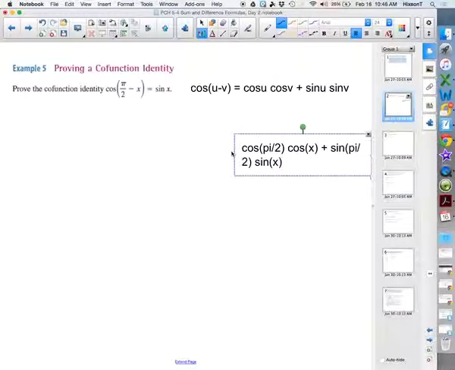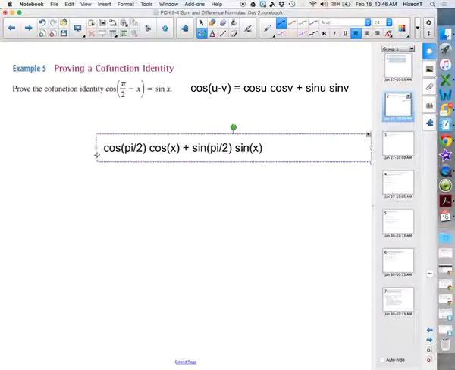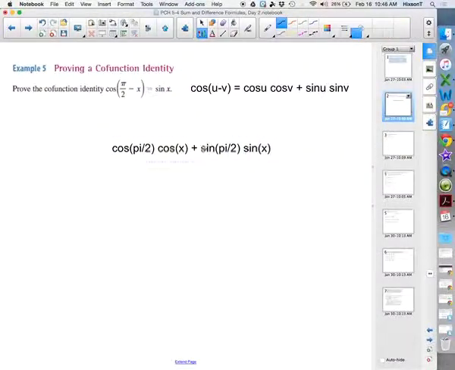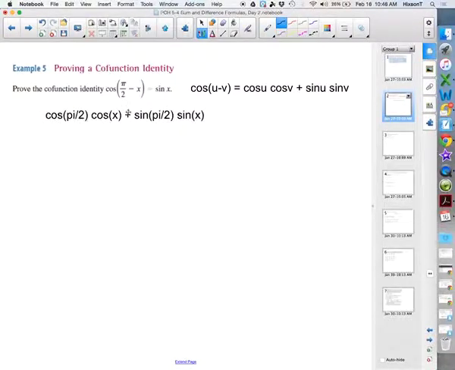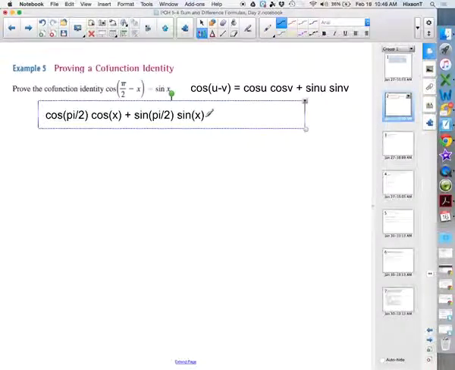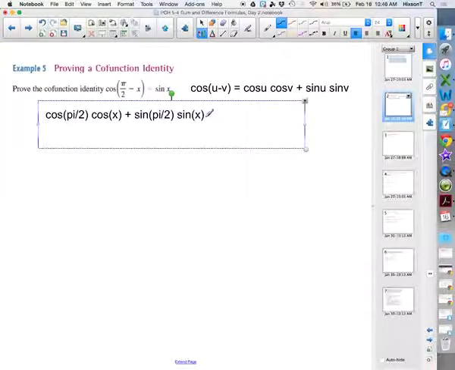Okay, so there's our formula that we're using. We've plugged everything in. Now we have some values that we should be able to simply plug in. What is the cosine of pi over 2? It's 0, okay?